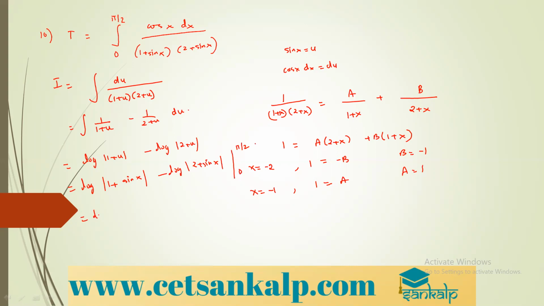When it is pi by 2, you will have log 2 minus log 3. And when it is 0, you will have 0 minus log 2. So that will be 2 log 2 minus log 3, or log 4 minus log 3, or log 4 by 3 would be the answer.